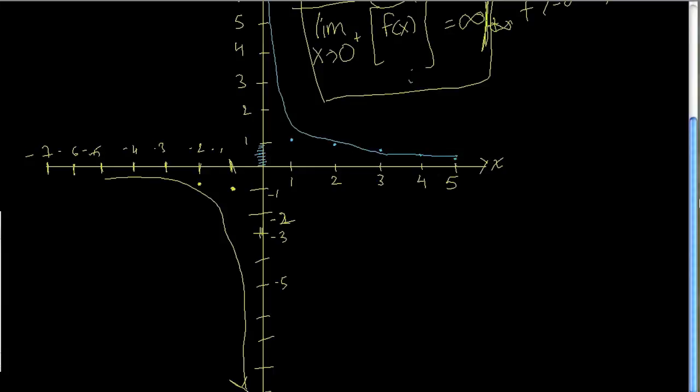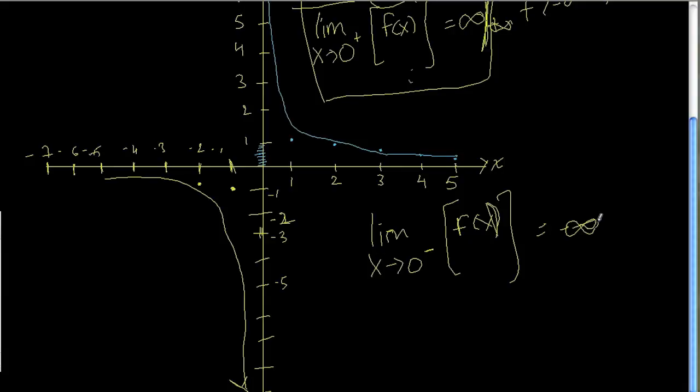So we saw that the limit as x approaches 0, again the same convention, this is the positive sign, this is the negative sign, of f of x. So this limit of f of x as x approaches 0 from the negative, now what do we get here? We get minus infinity. We got minus infinity, guys. You saw?